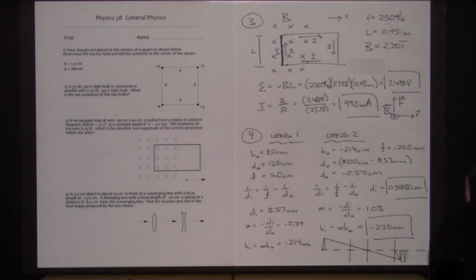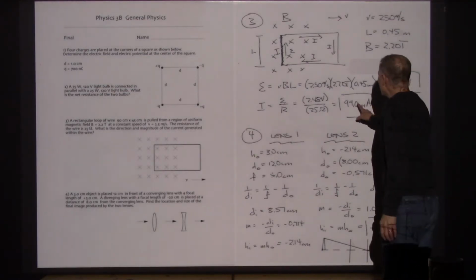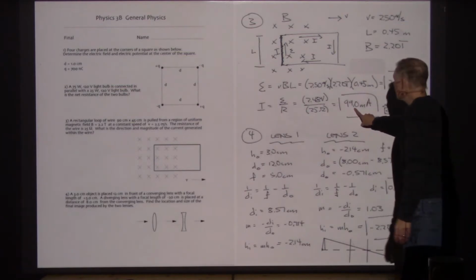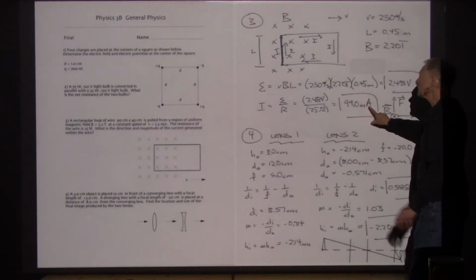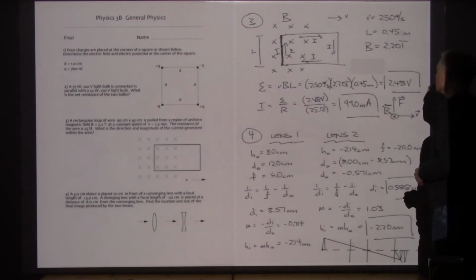This one is definitely an example of using magnetic force to push charges. That works out to be 99.0 milliamps. That's how much current we're going to get. And I guess that's it.